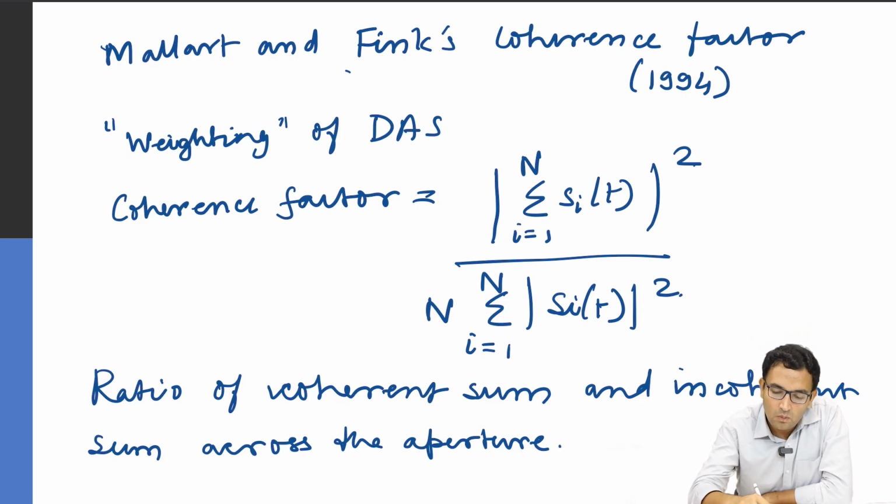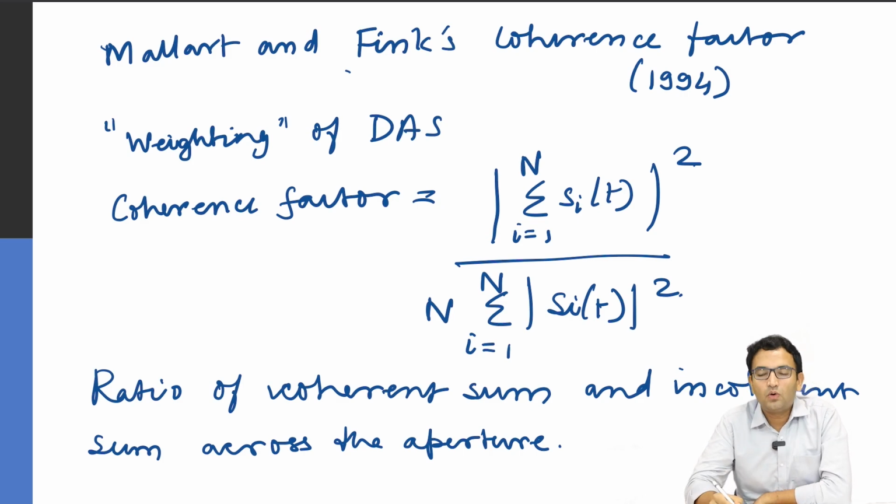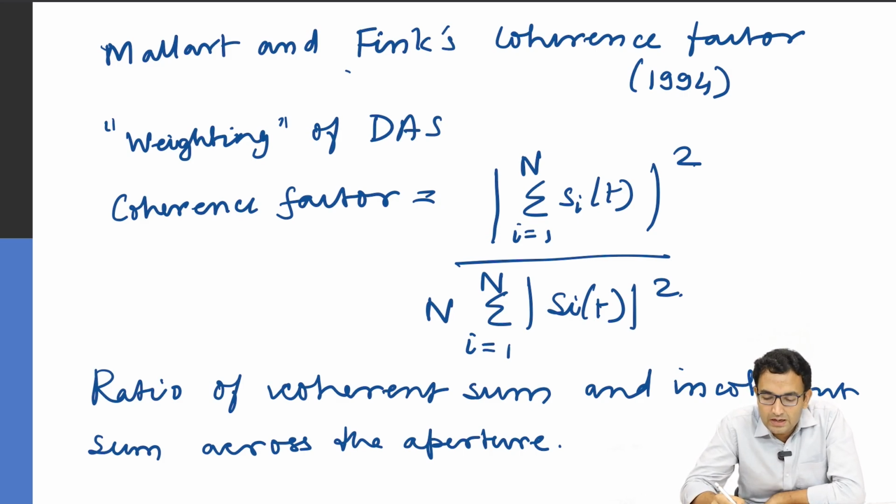If you recall, what's the coherent sum? In coherent sum, we take the phase into account. So here, for example, if we take these different signals, Si of t, or rather if you want to call it Si prime of t, that is also okay. But these are the phase appropriately delayed signals, right?